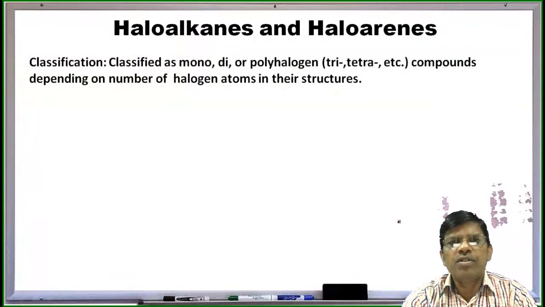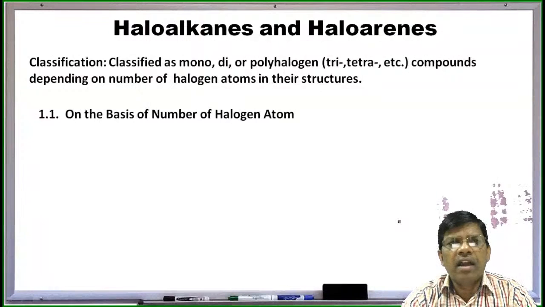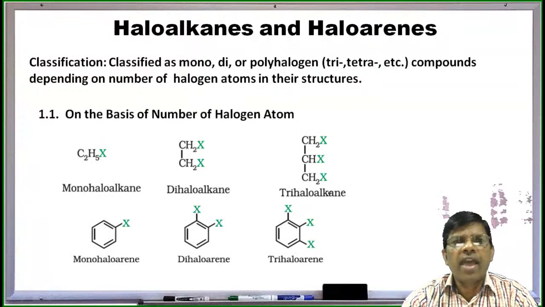Commonly these compounds can be classified or named based on the number of halogens they contain. For example, this is ethyl X. Dear students, before going deeper, halogen is denoted with capital X. X can be fluorine, chlorine, bromine or iodine.